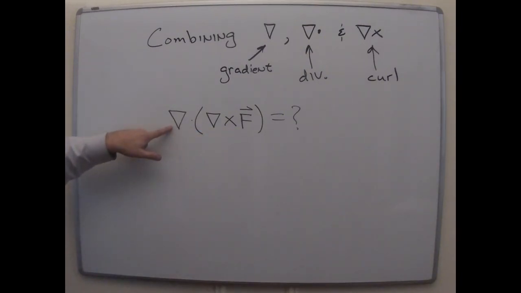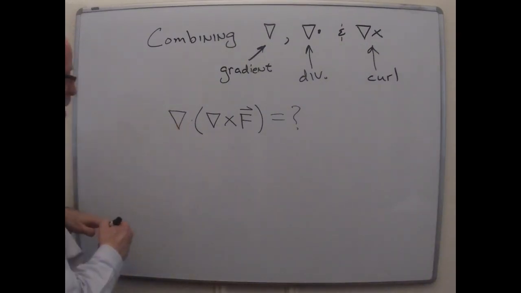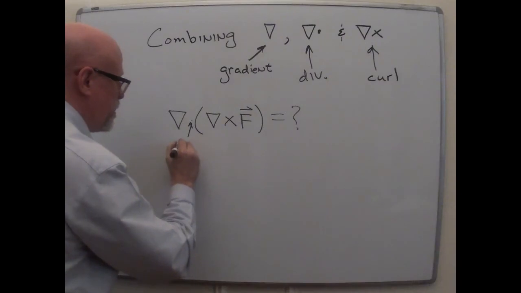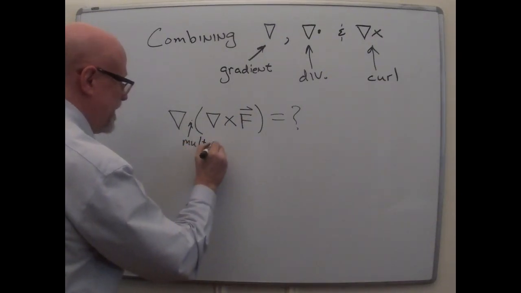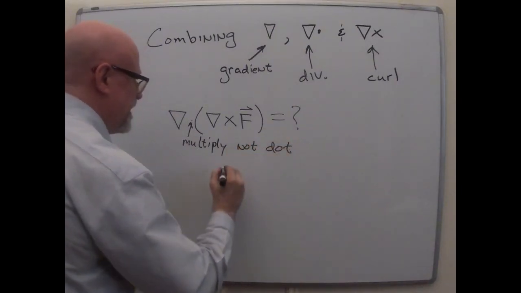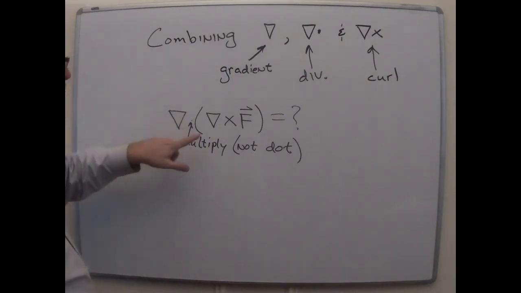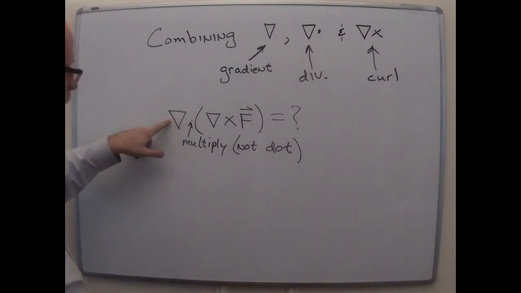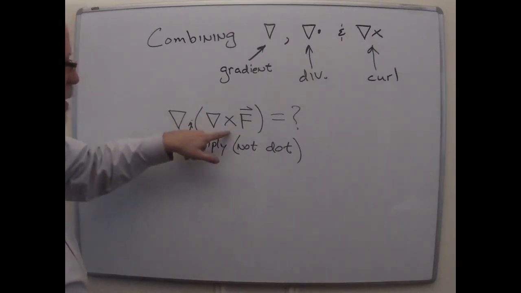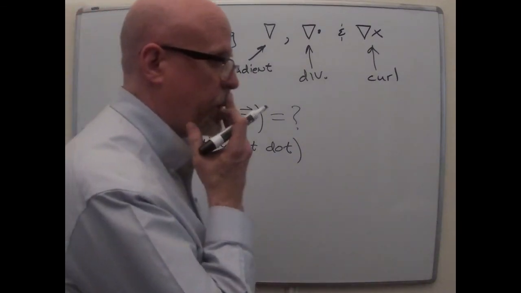Does the del operator multiply on a vector? Can we multiply a vector times a vector? No, that doesn't work. So to do a gradient of something, I have to have a scalar.